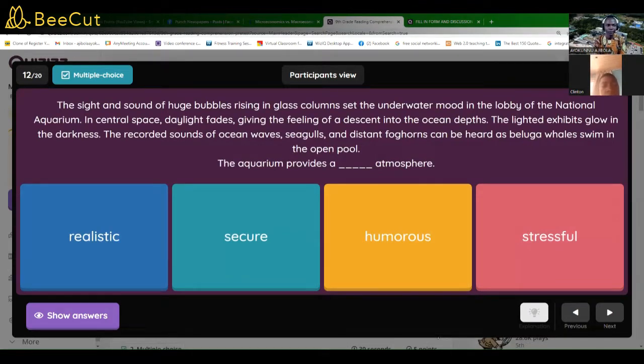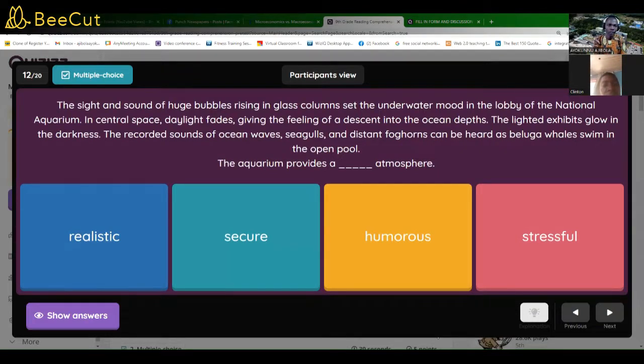The sight and sound of huge bubbles rising in glass columns set the underwater mood in the lobby of the National Aquarium in Central Space.